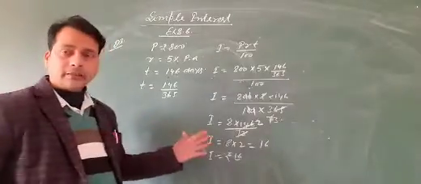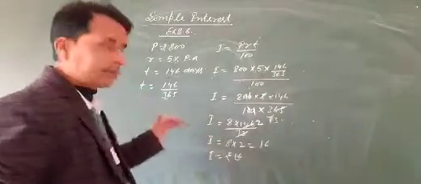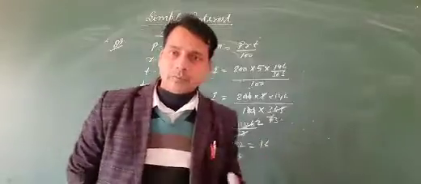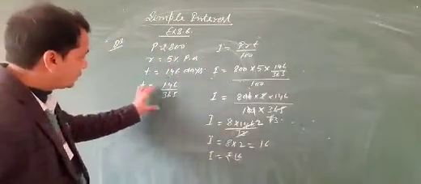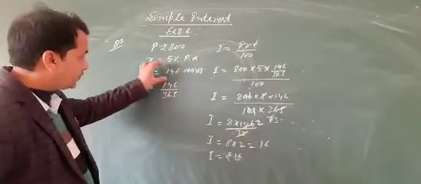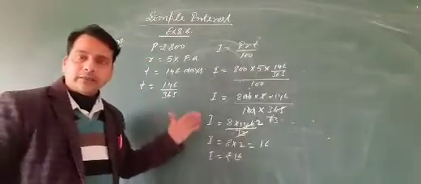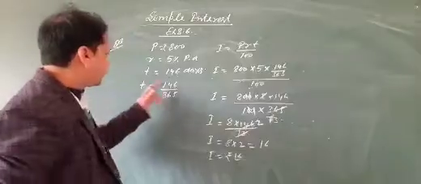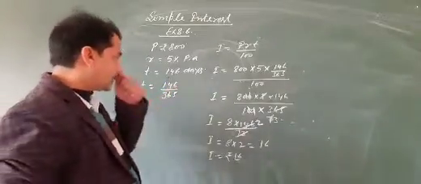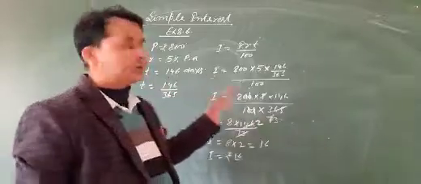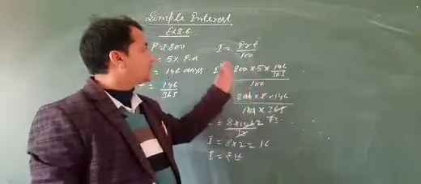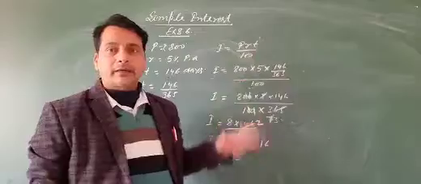So we know that there are 365 days in 1 year, then 146 divided by 365, then days convert in term of the year. So we know that interest equal to principal into rate of interest into time by 100.